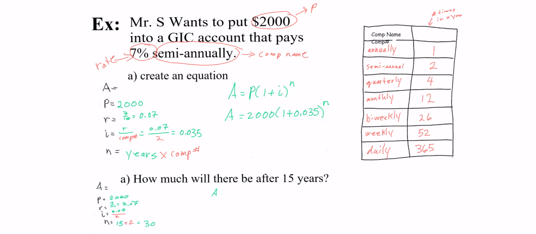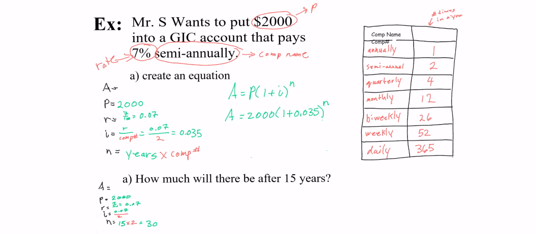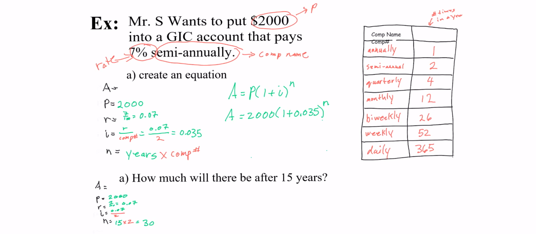In our basic equation, we start off with A is equal to P(1 + i)^n. And now we continue substituting directly, which is equal to 2,000 bracket 1 plus, well, I won't put in 0.035 that we had here.